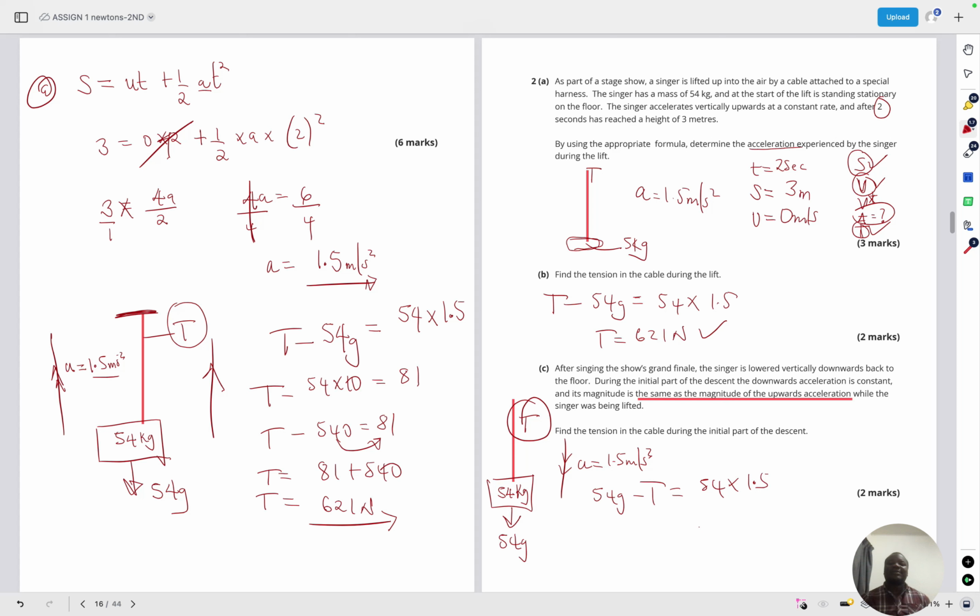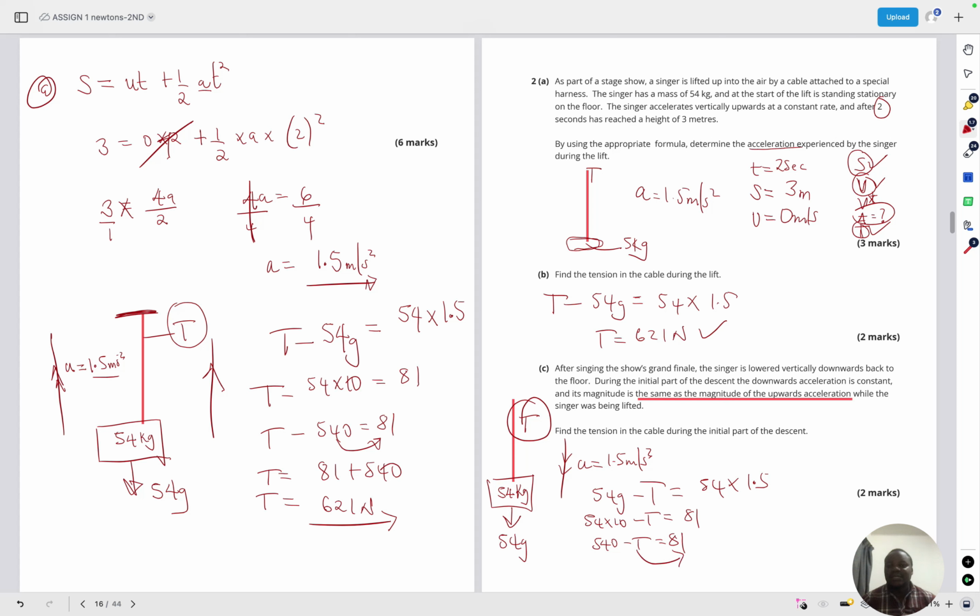So basically this is almost like the same thing, but you see where the difference is. g is 10, so we've got 54 times 10 minus T equals 81. In this case we've got 540 minus T equals 81.